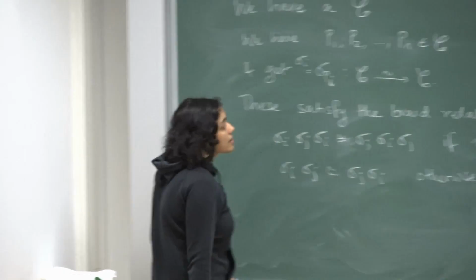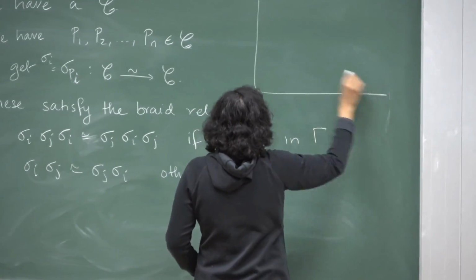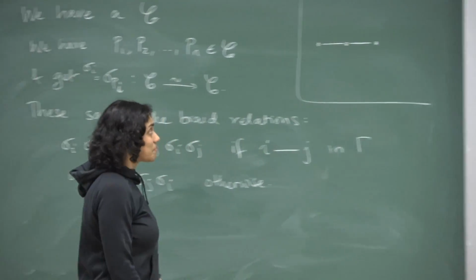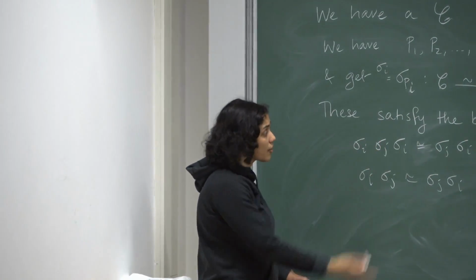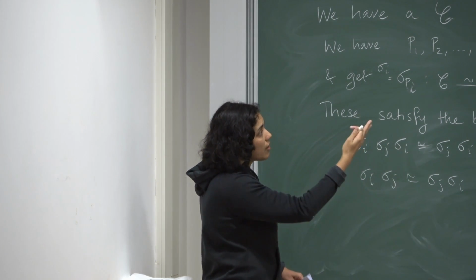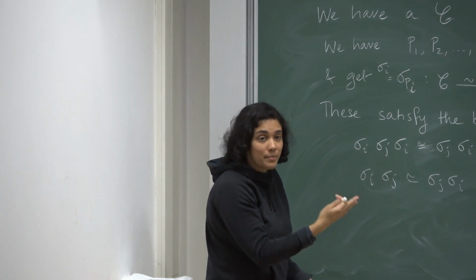In the case when gamma, for example, is our type A3 Dynkin diagram, the relations that these satisfy are the relations of the, I always get this wrong, 4-strand braid group.